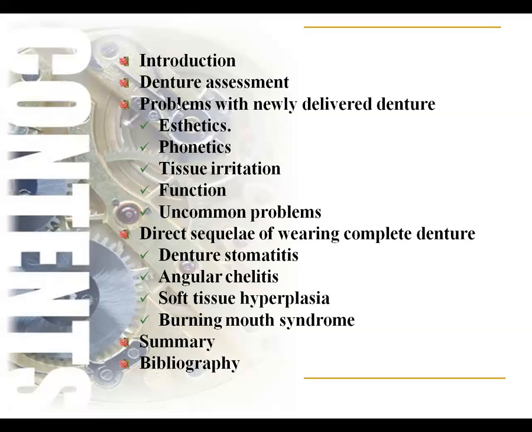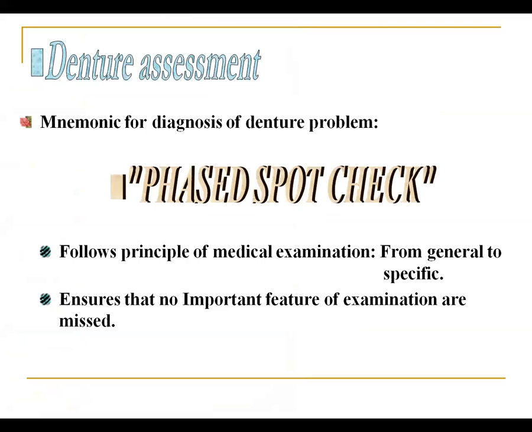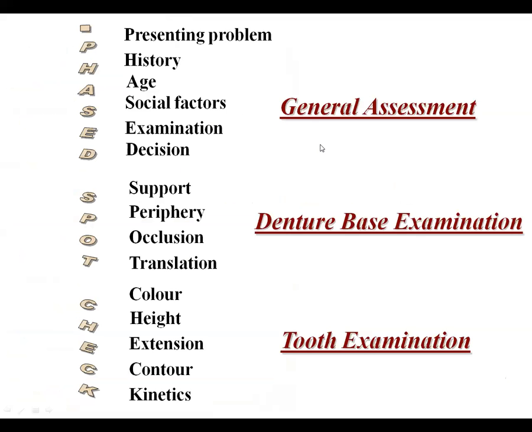Second, problems with your newly inserted denture. And third, direct sequelae of wearing complete denture. Today we are going to see only denture assessment. In denture assessment also, we have to check three factors: first general assessment, second denture-based examination, and third tooth examination.